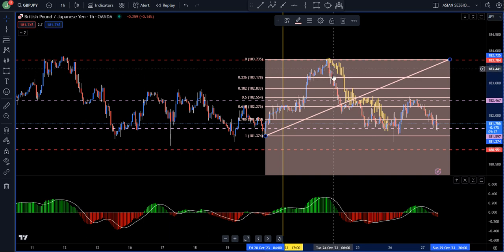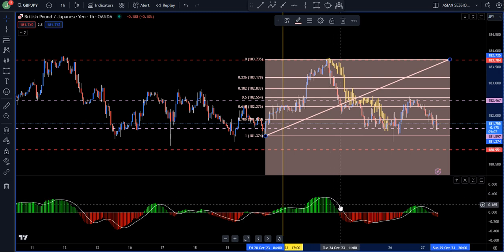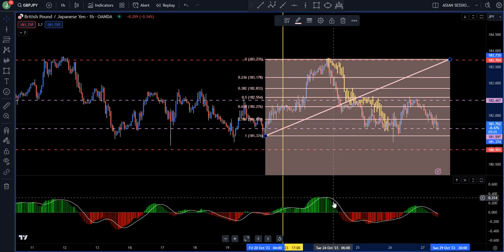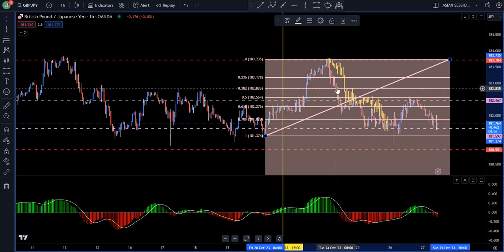I want to see my signal line curving down and broken away from my histogram. That's bearish pressure. So we got that there. We definitely have that there. Now, you can also look at this area here, when price broke the trend line.